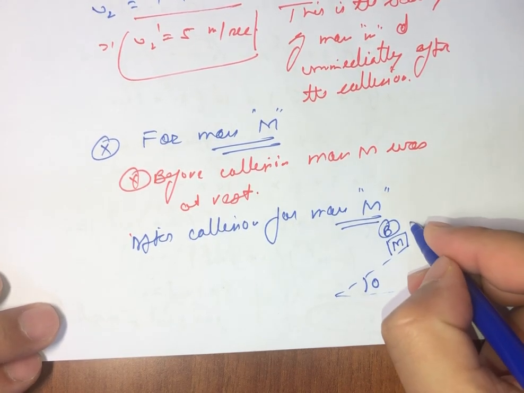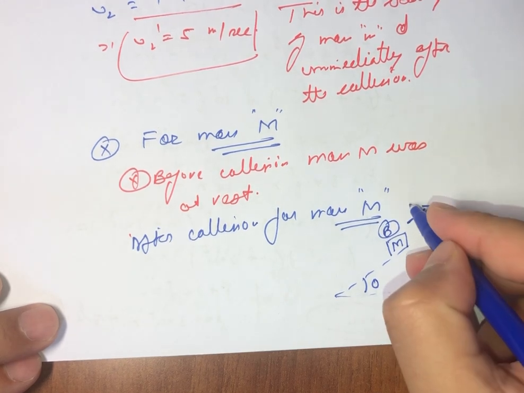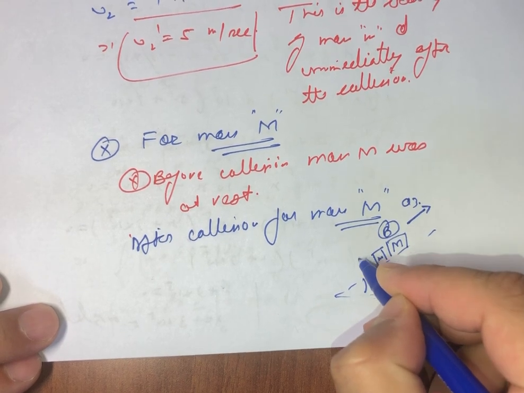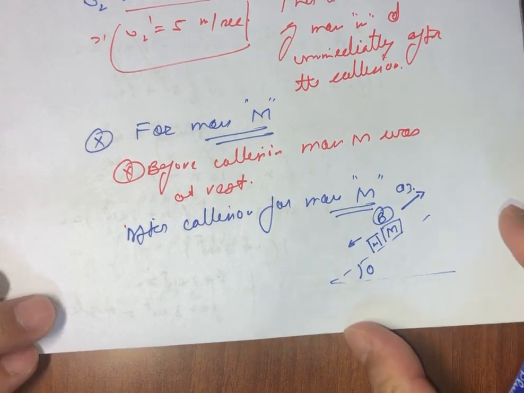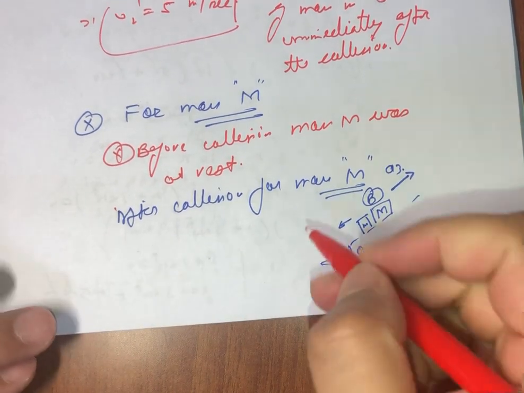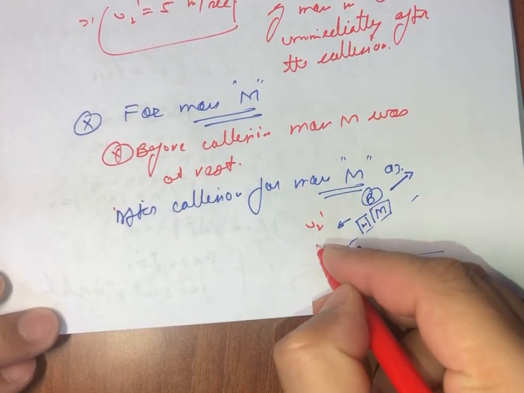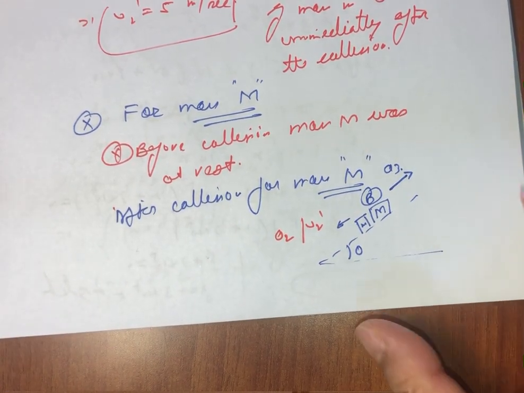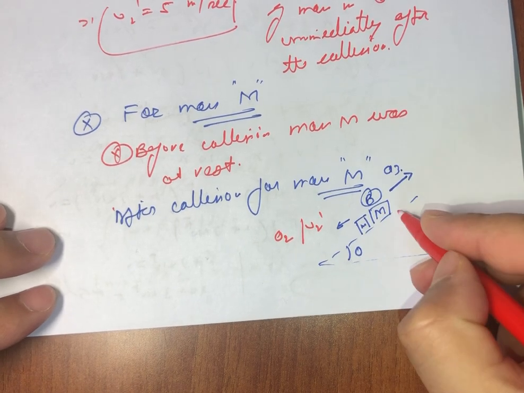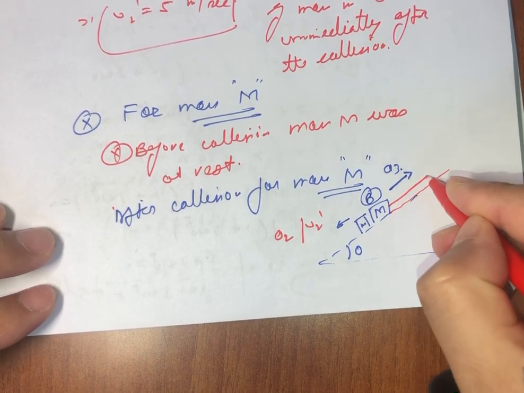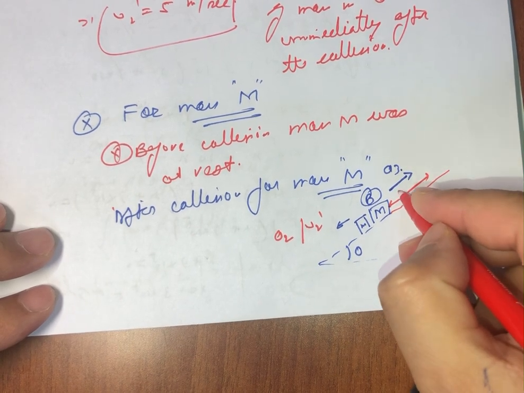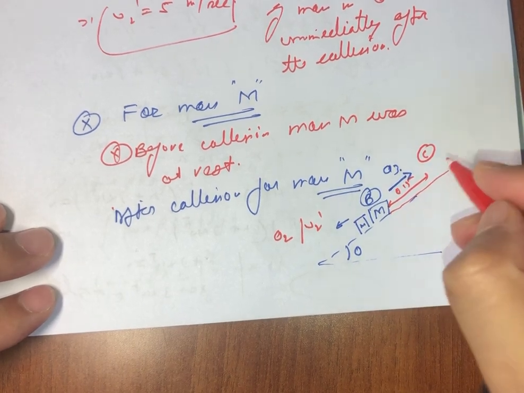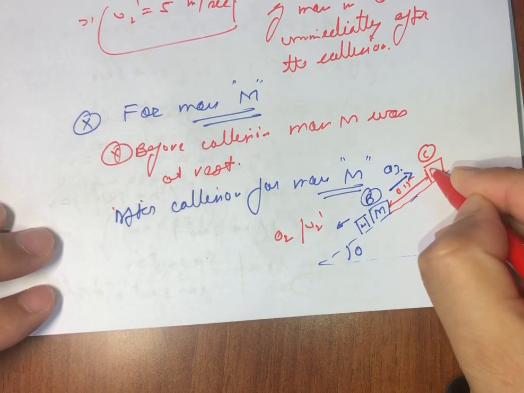This capital M is going to move up the inclined plane, let us suppose with the acceleration of a3, and mass small m is going to move down the inclined plane, and we said that its velocity is v2 prime and acceleration is a2. It is also given that this mass capital M is going to travel a distance of 0.5 meter. Let us suppose it stops at point C, and here is the mass M.